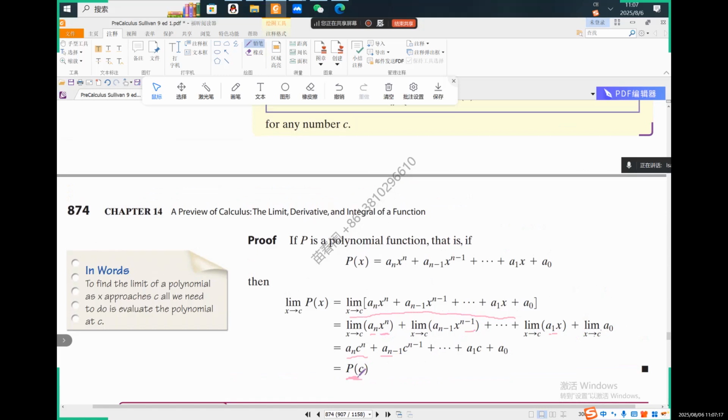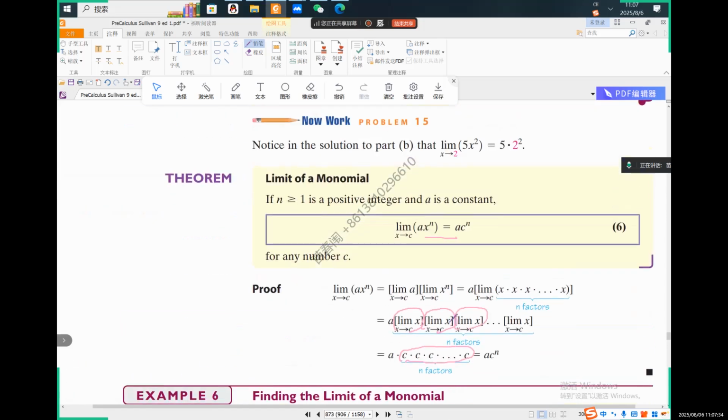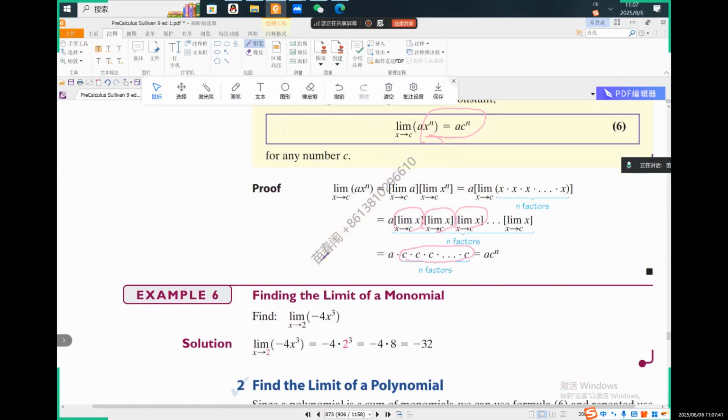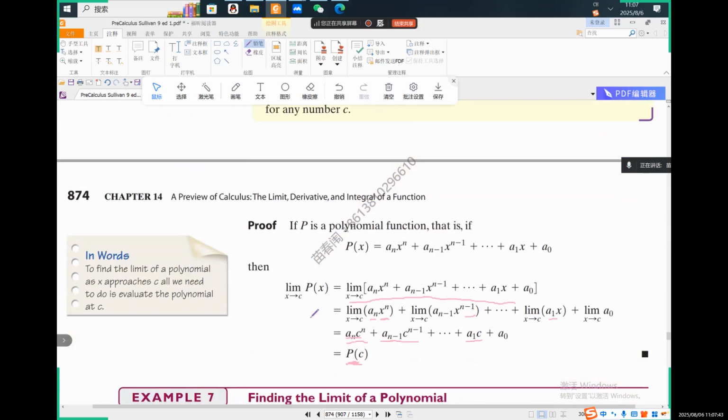Okay, I kind of get it. Which means we basically separate the polynomial into each term, and each one satisfies this, so finding the limit by substitution is working. It's still using substitution.